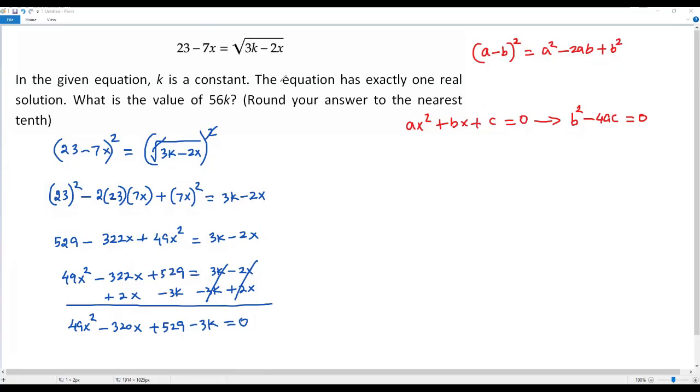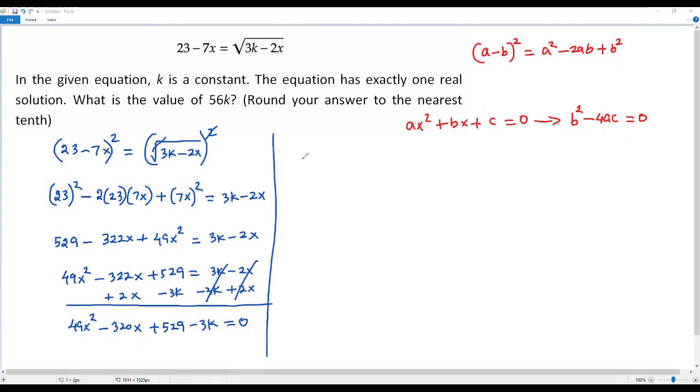The question says that the given equation has exactly one real solution, and we have simplified this equation to a quadratic equation in standard form. Since the given equation has exactly one solution, for this quadratic equation also, the discriminant b squared minus 4ac must be equal to 0. The coefficient of x is negative 320, so we plug in negative 320 for b.